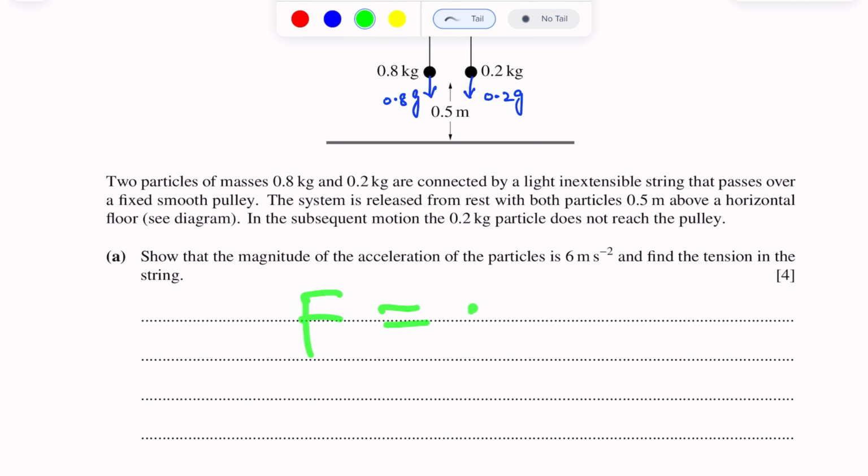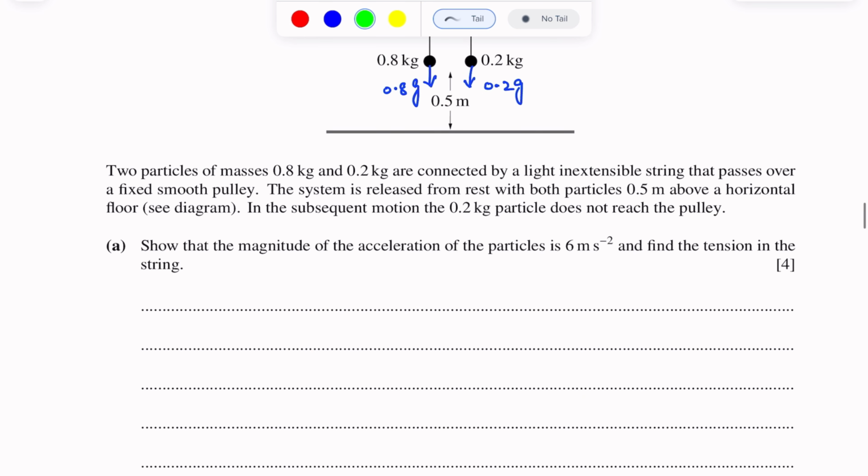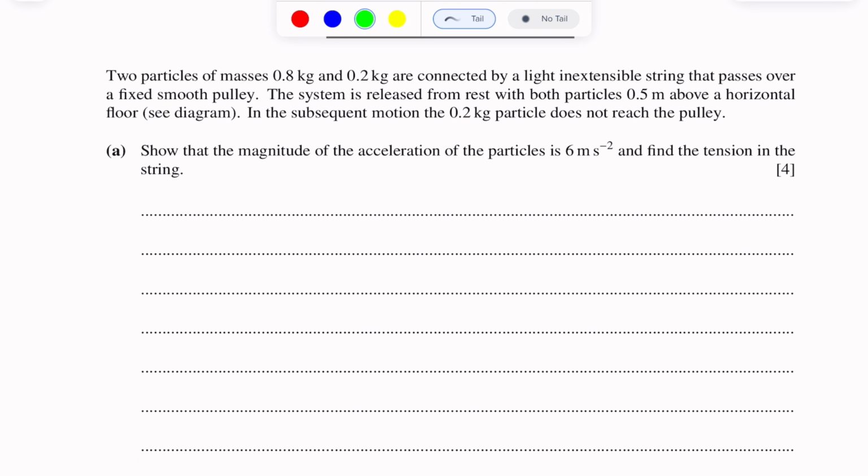F is equal to ma. For the 0.8 kg mass, the equation of motion according to Newton's second law will be 0.8 g minus T is equal to ma.